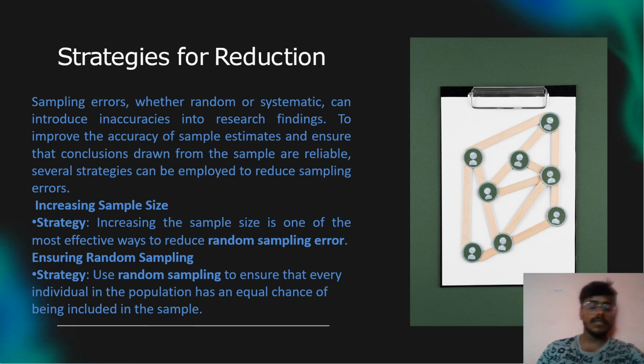Increasing the sample size is one of the most effective ways to reduce random sampling error. Then ensuring random sampling. By using random sampling, we can ensure that every individual in the population has an equal chance of being included in the sample. These are the two strategies for reduction.